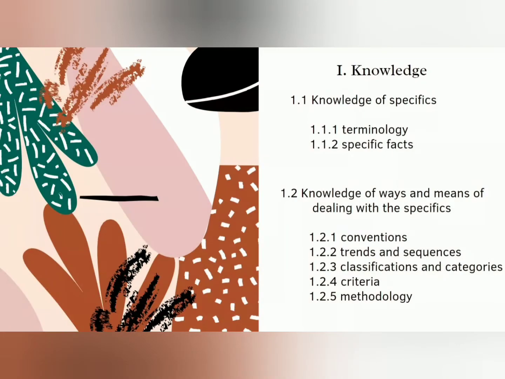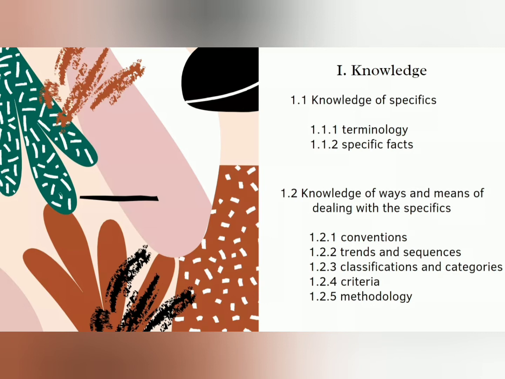The example verbs for this are define, describe, draw, identify, label, locate, memorize, name, recite, recognize, select, state, and write.